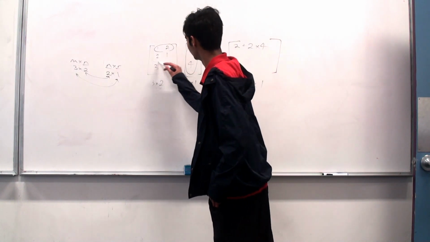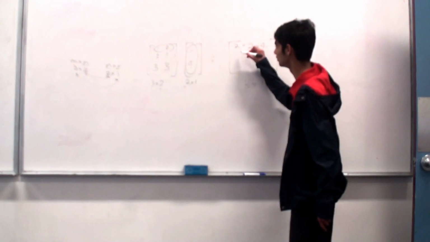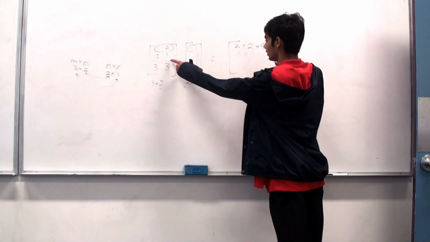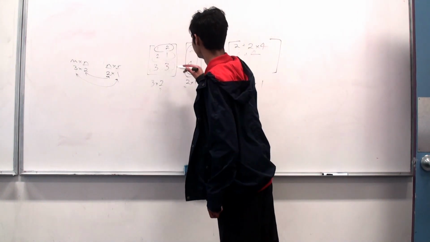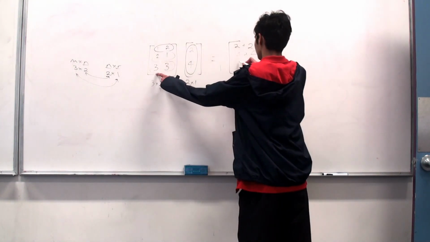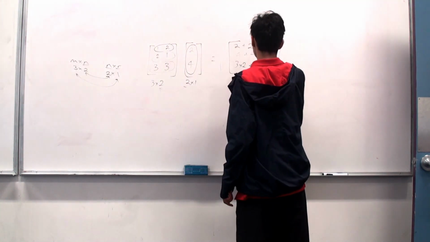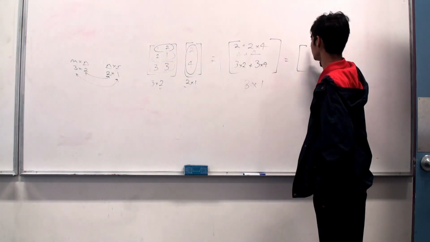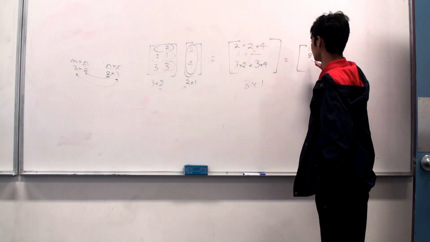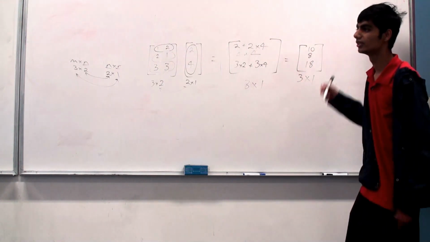And we take the second row vector, do the same thing, 2 times 2 plus 1 times 4. And finally with the final row vector, 3 times 2 plus 3 times 4. So the result is 10, 8, 18, which is, as we said earlier, a 3 by 1 matrix.